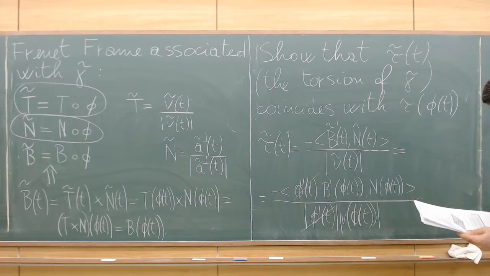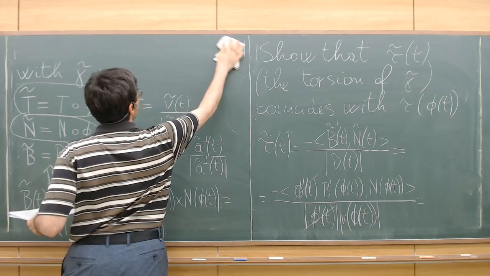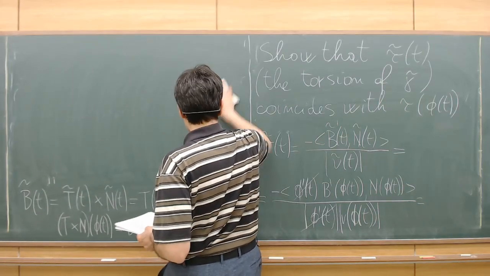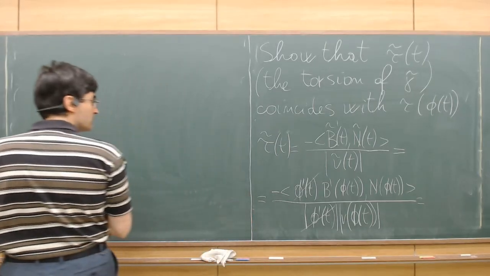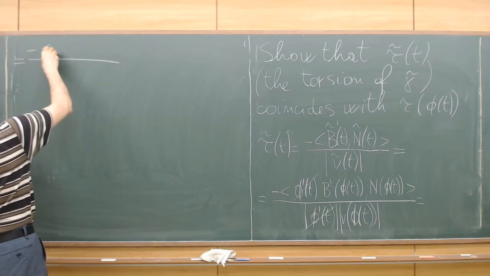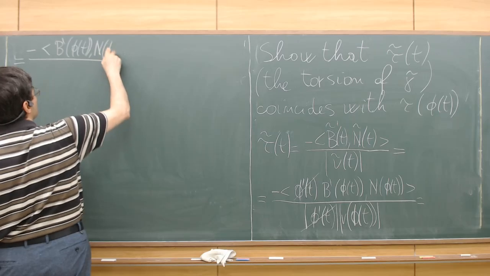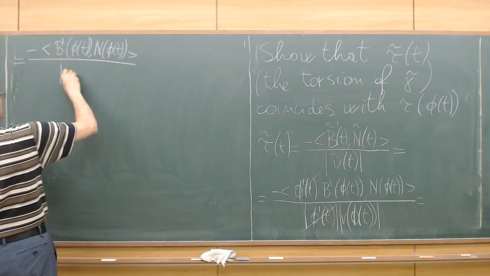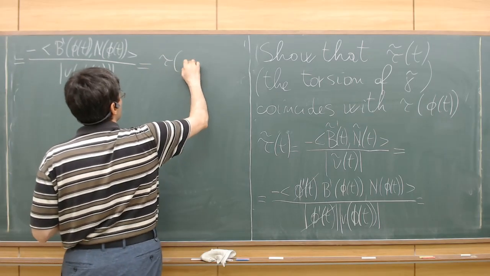So this means that we get minus B prime of phi of t multiplied by N of phi of t divided by the length of V of phi of t, and this is nothing but tau evaluated at phi of t.